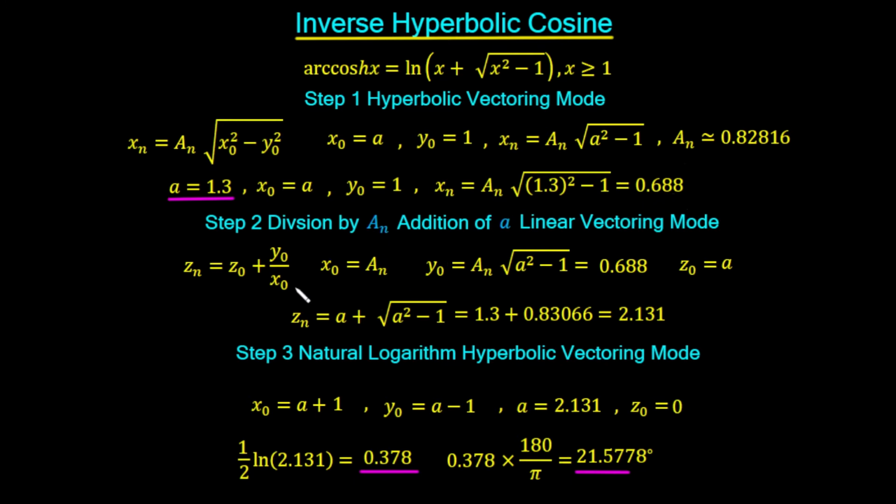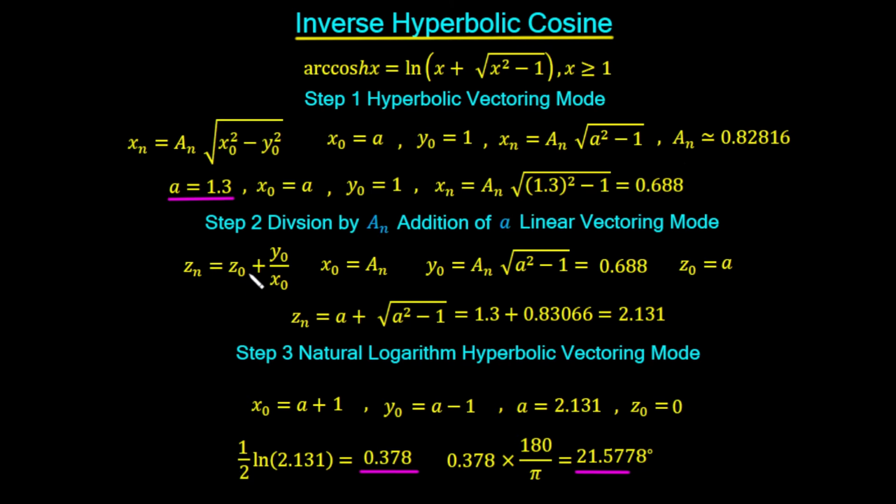And the value of our Z0 is going to be the value of our A, which is our 1.3, but remember that's going to be a value in radians.